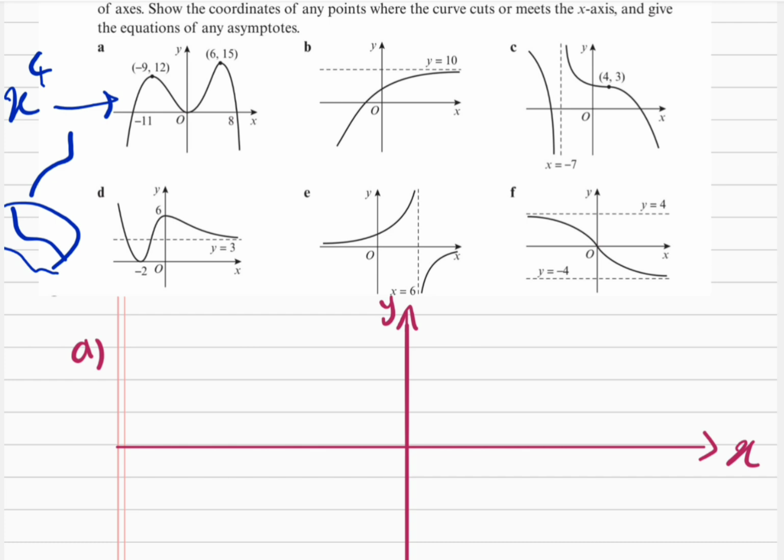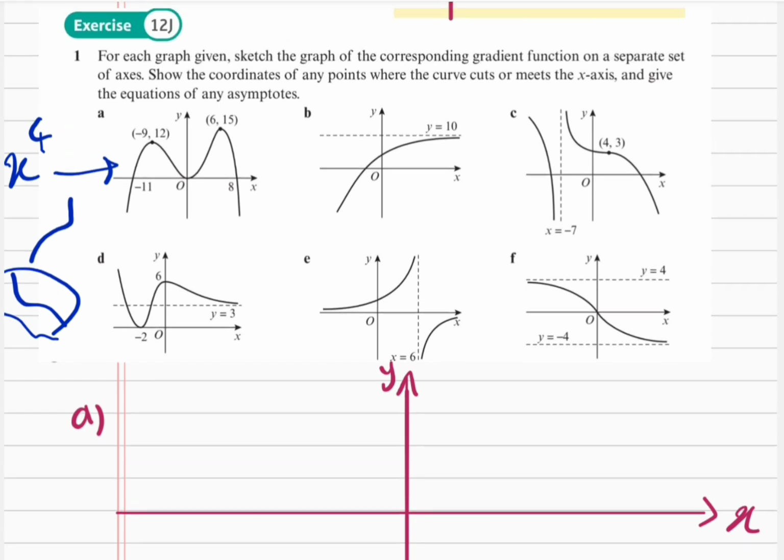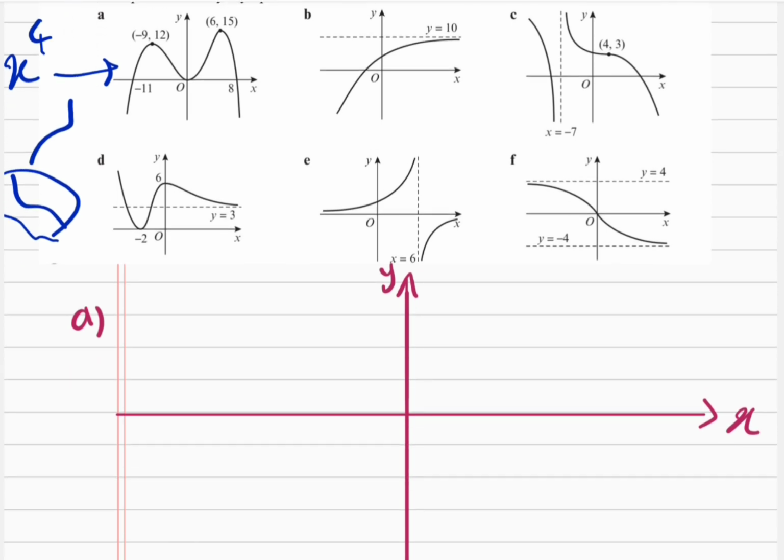Now we need to use the points that we have from this graph. Let's just start with the stationary points. We have a maximum here and another maximum here and a minimum here. Remember that when we have stationary points, on the first derivative graph they are going to cut the x-axis.